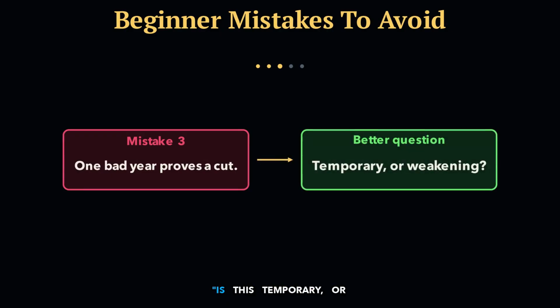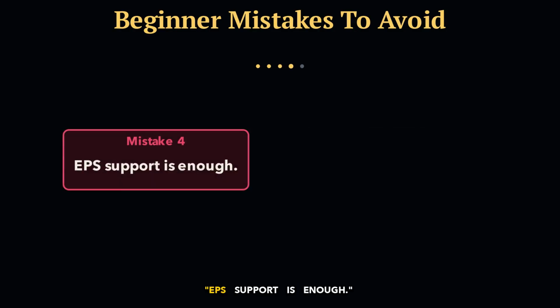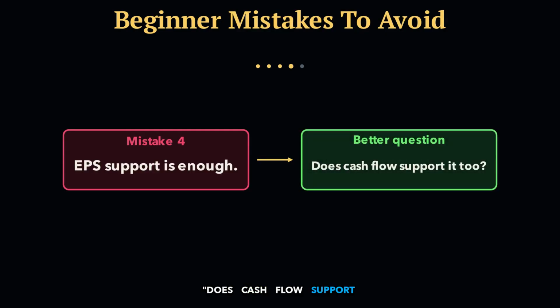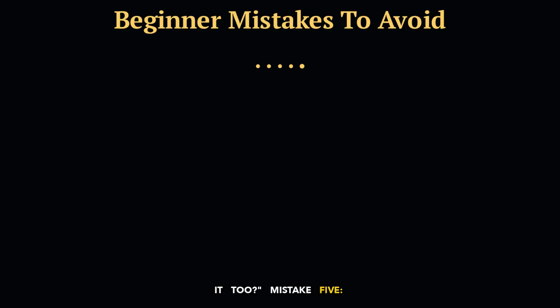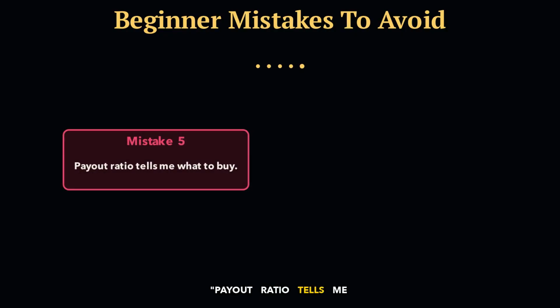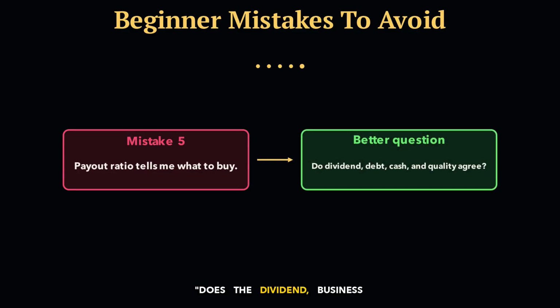Better question, is this temporary or is the business weakening? Mistake 4, EPS support is enough. Better question, does cash flow support it too? Mistake 5, payout ratio tells me what to buy. Better question, does the dividend, business quality, debt, and cash flow all tell the same story?